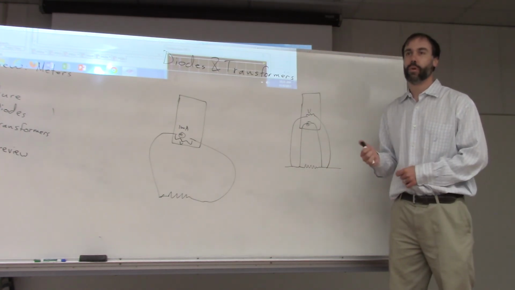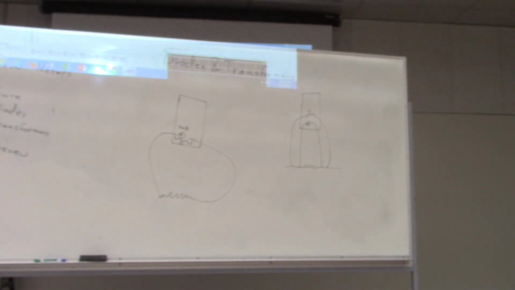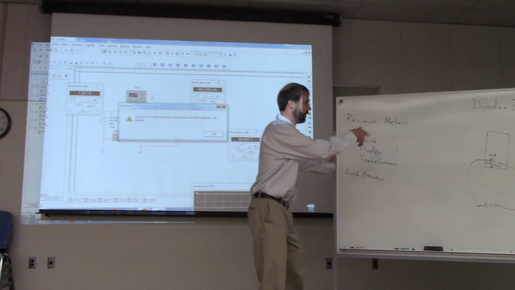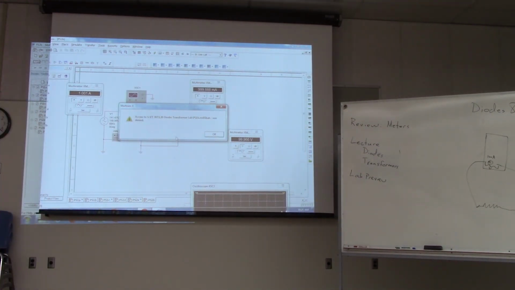So that's what people do in the real world when they're trying to measure very small resistances. And that does take account for the leads, or it tries to eliminate the resistance of the leads. Yeah. Other questions?